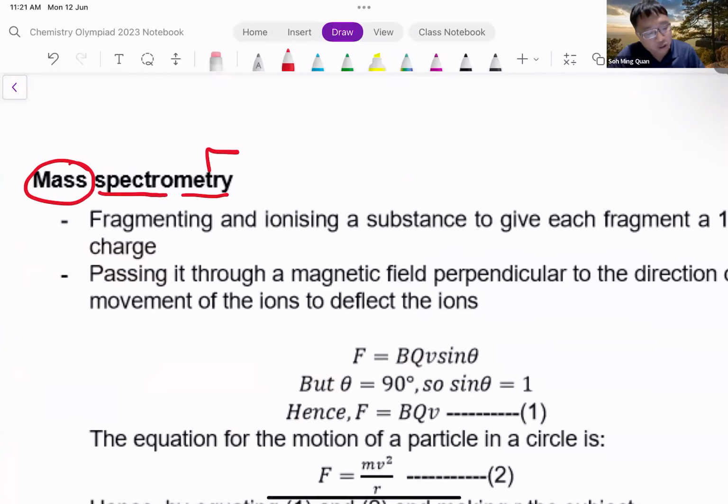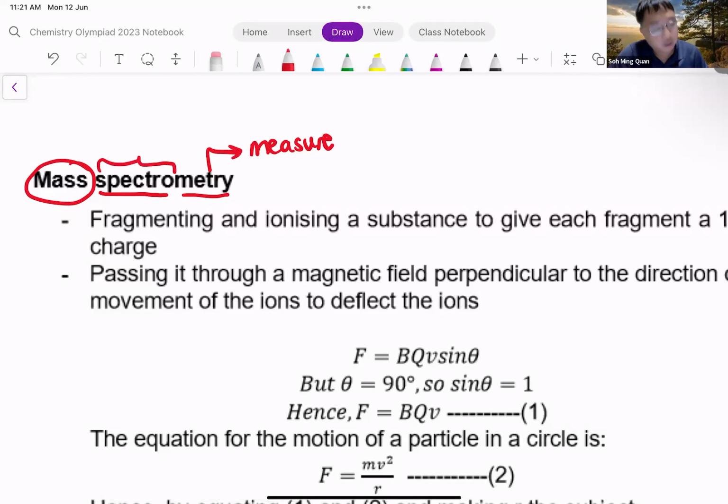Spectrometry. Metry means measure. Measure what? Measure mass, in this case. There are other forms of spectrometry, but this one is mass. What is spectral? When we say there's a spectrum, we mean there are many different values.